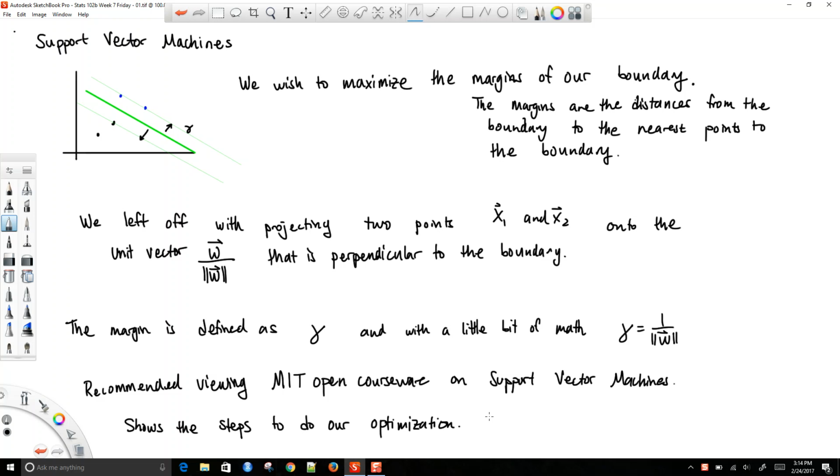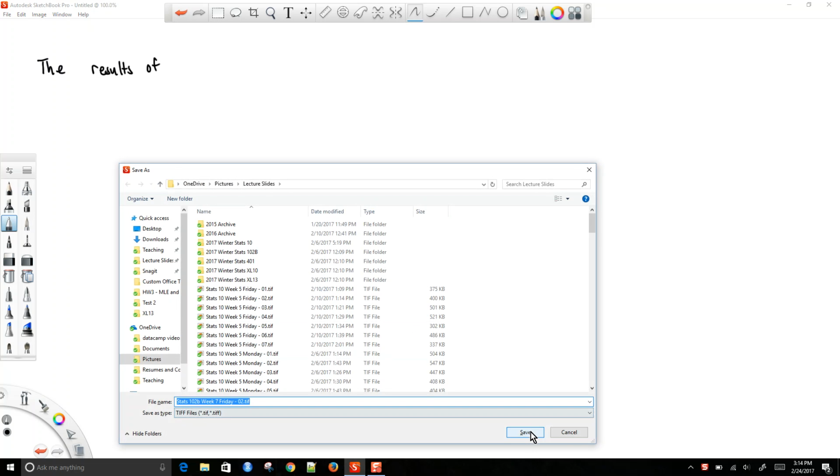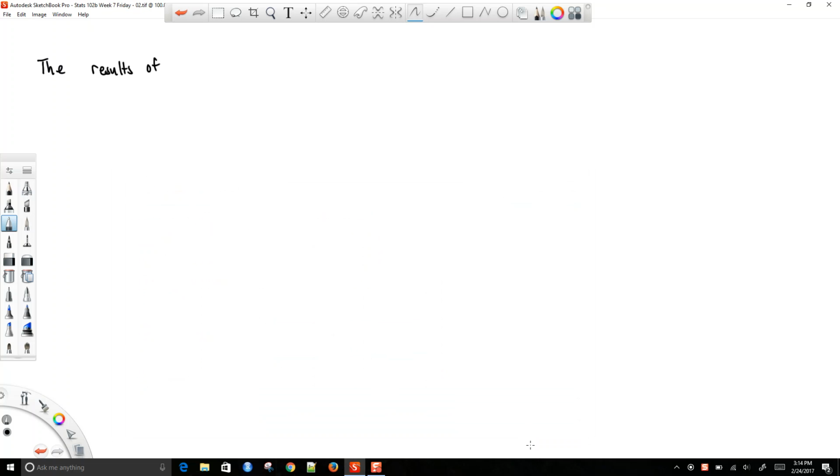And basically what it comes down to is that it just depends on the inner product of our points xm and xn. The results of the optimization: it turns out that we don't have an analytic answer, so we have to solve it numerically.